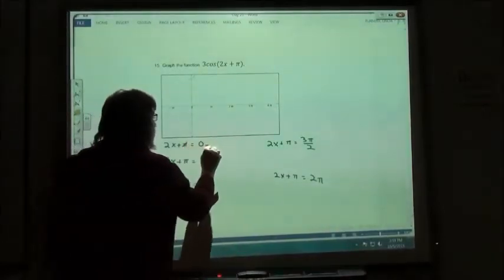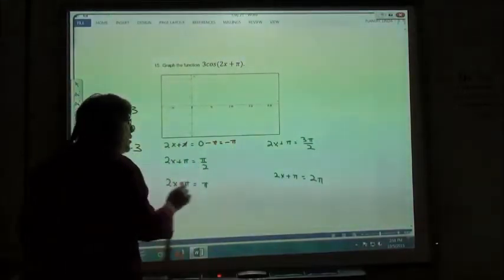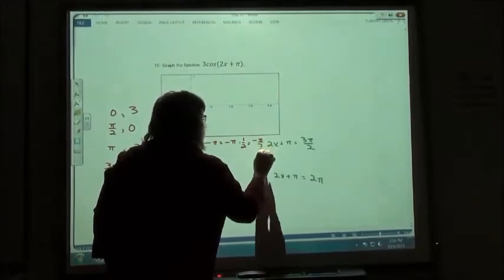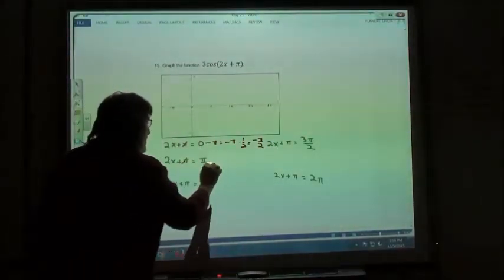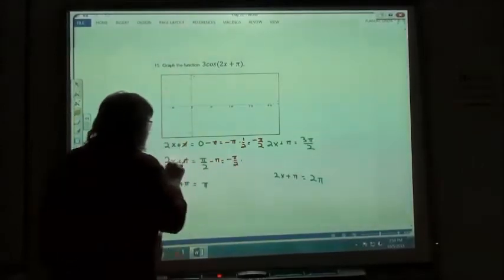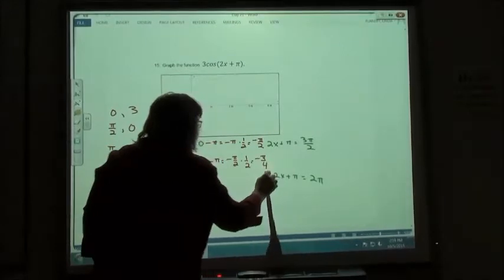So we're going to subtract pi, which gives me negative pi. Divide by 2, which is multiplying by 1/2. So negative pi over 2. Here we're going to subtract pi, which is negative pi over 2. Multiply by 1/2. So negative pi over 4.